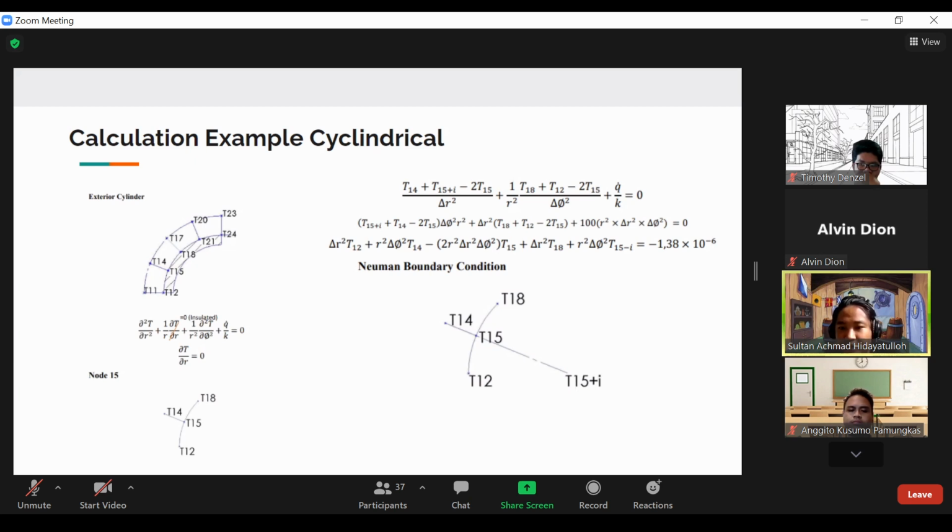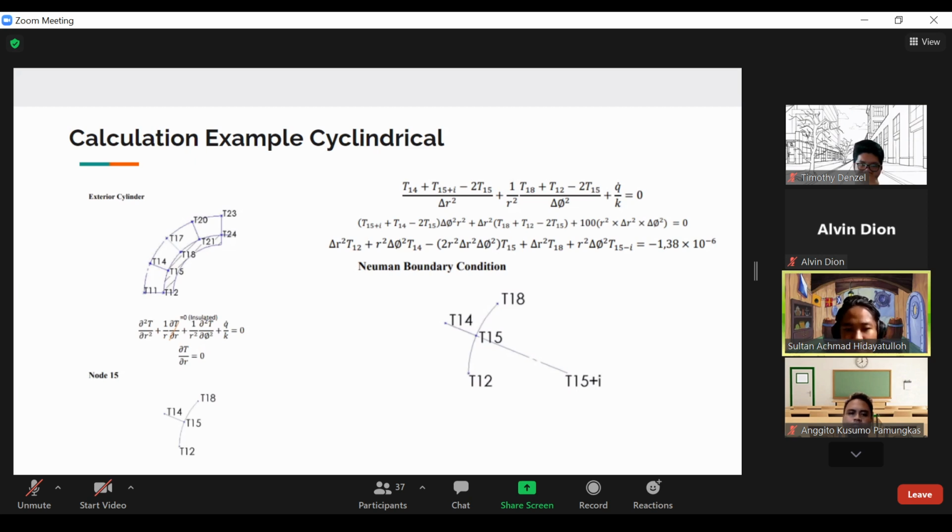So it becomes T14 plus T15 plus minus 2T15 plus 1 per r squared times T18 plus T12 minus 2T15 per delta theta squared plus Q dot per k equal to 0. Sorry, this is for exterior, not interior, because we solve for node 15 in cylindrical.